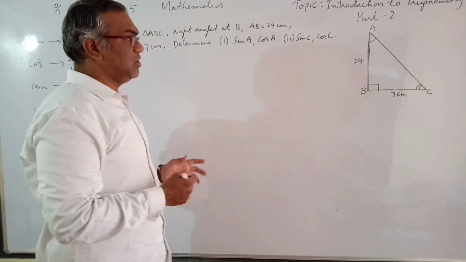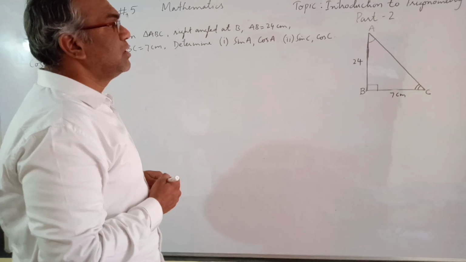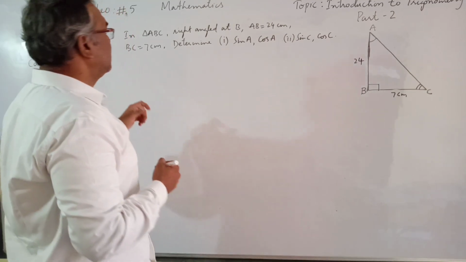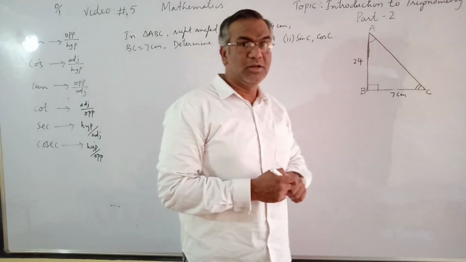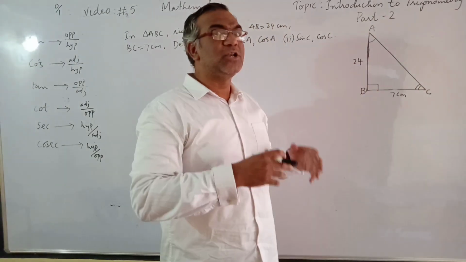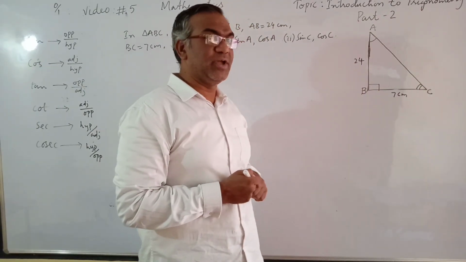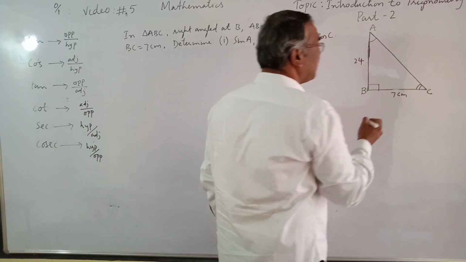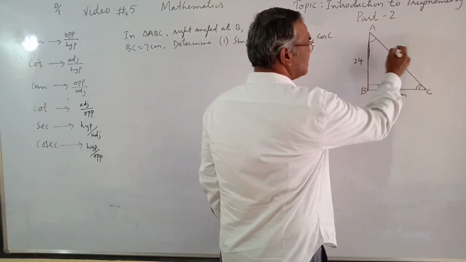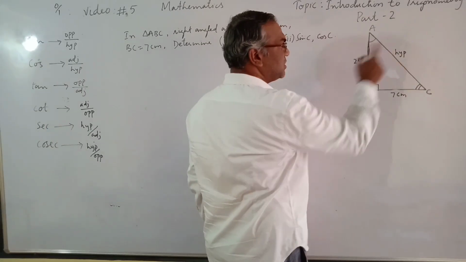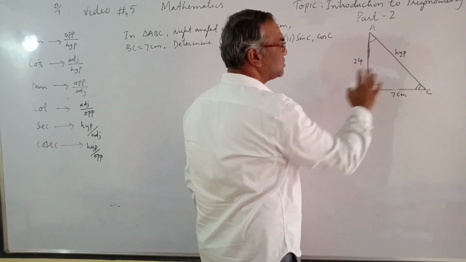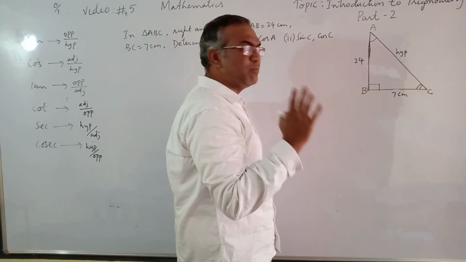Right? Let's solve. To solve this, let's first find the third side of the triangle. How can we do that? We can do that using Pythagoras theorem. We have already done Pythagoras theorem. According to Pythagoras theorem, and we know that this is hypotenuse, opposite to 90 degrees always hypotenuse. The other two sides are adjacent and opposite.